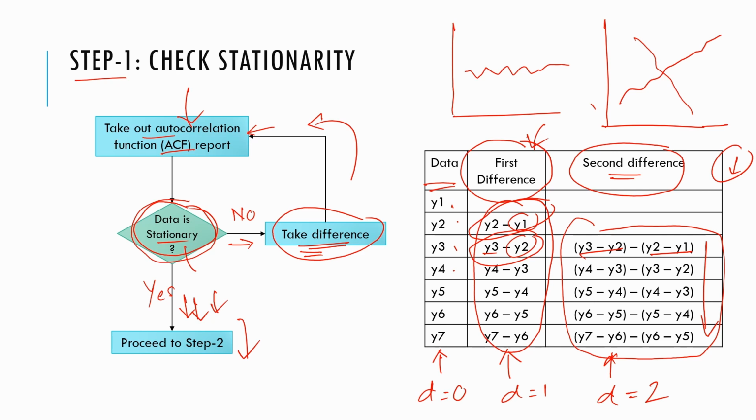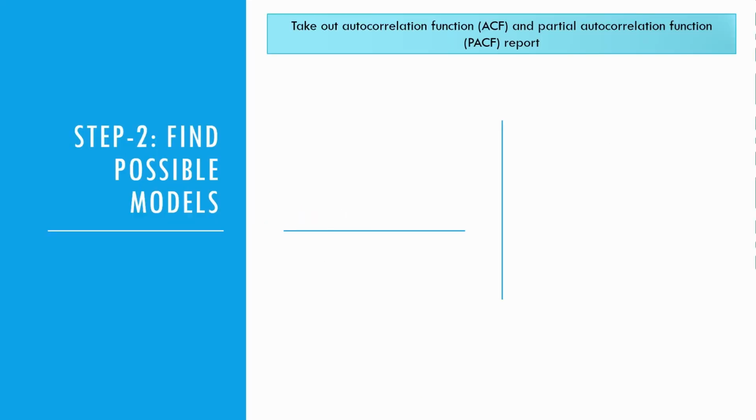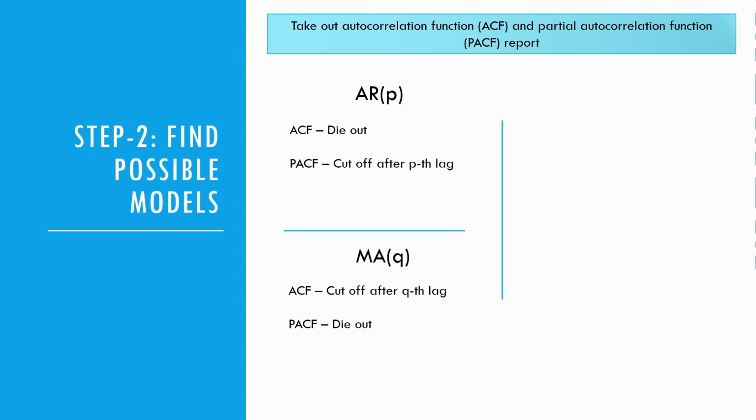Once this is done, you go to step 2. So what is step 2? In step 2, we have to see the behavior. That means, first of all, you have to take the autocorrelation function. You see, the autocorrelation report you have already taken out in step 1.